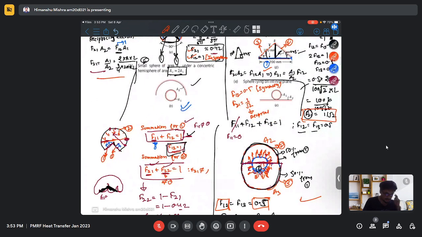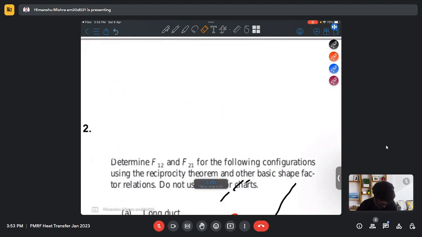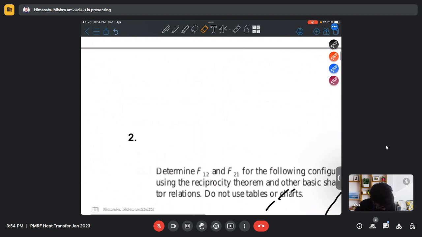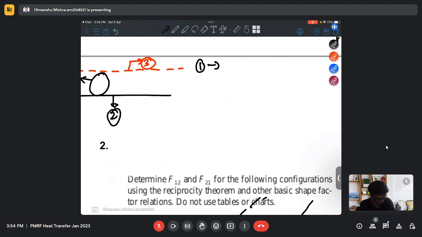So now coming back to the last case here. Let me draw the last one here. So this is my surface 1. This is my surface 2. And let me draw an imaginary surface 3 here. Now again we can start with the summation rule at 1.